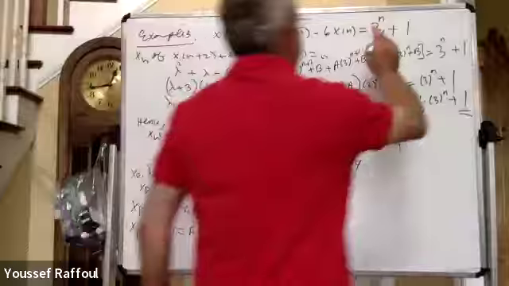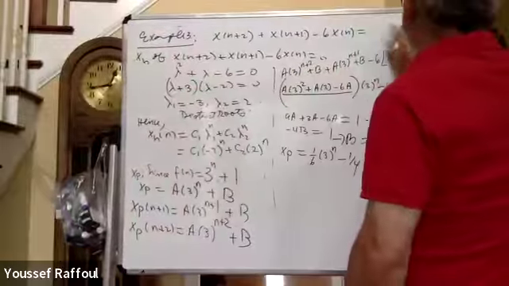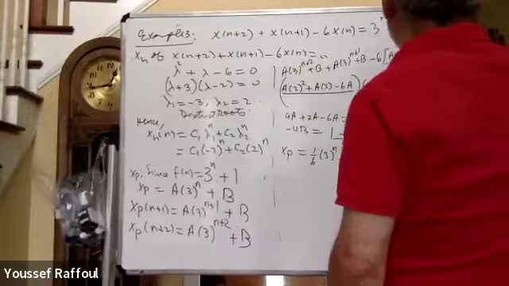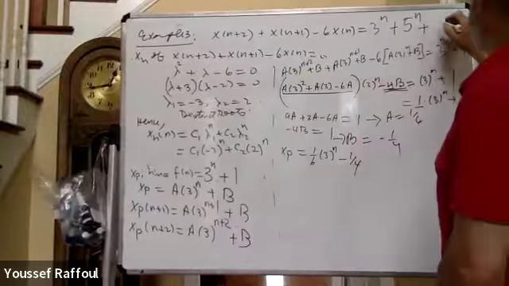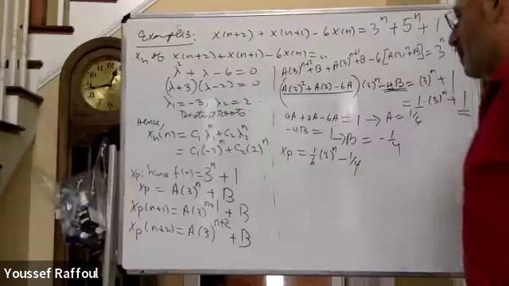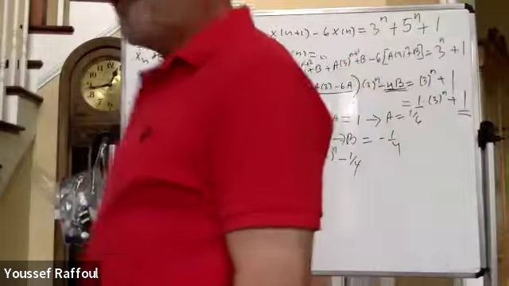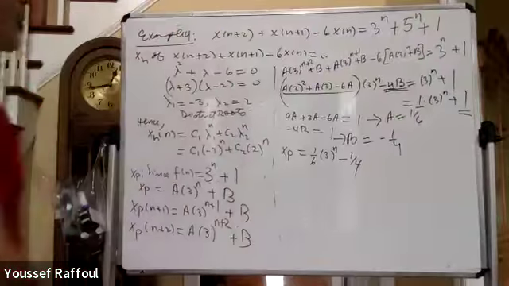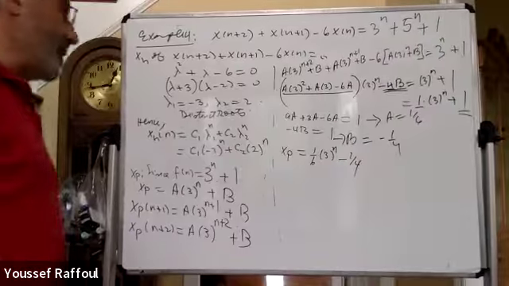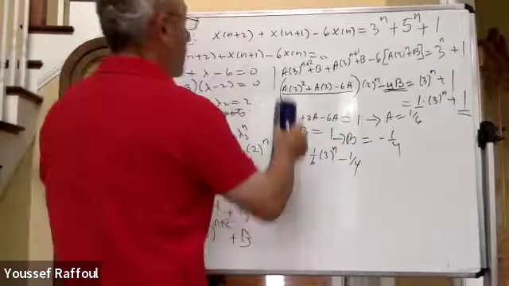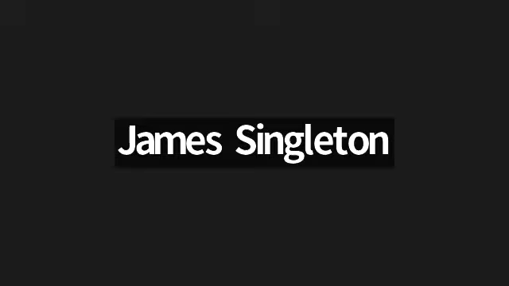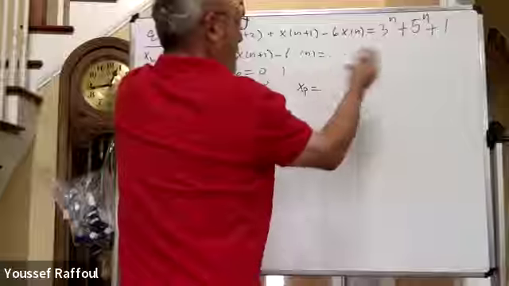Okay, so now let's say I have 3 to the n plus 5 to the power n plus 1. Can you write the general form of x_p for me? What do you think it looks like? Anybody want to say something? Wouldn't you just add more variables for each term?